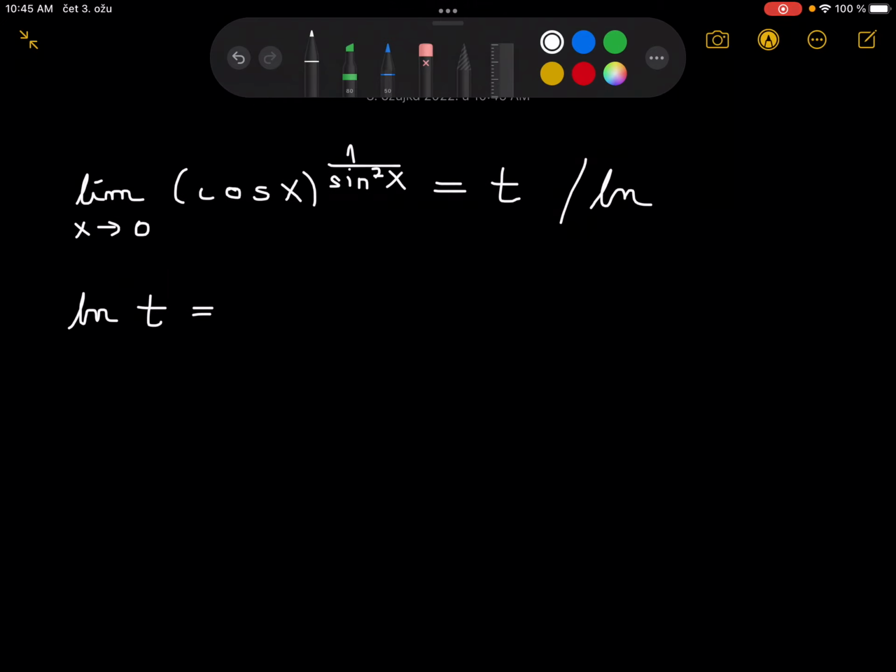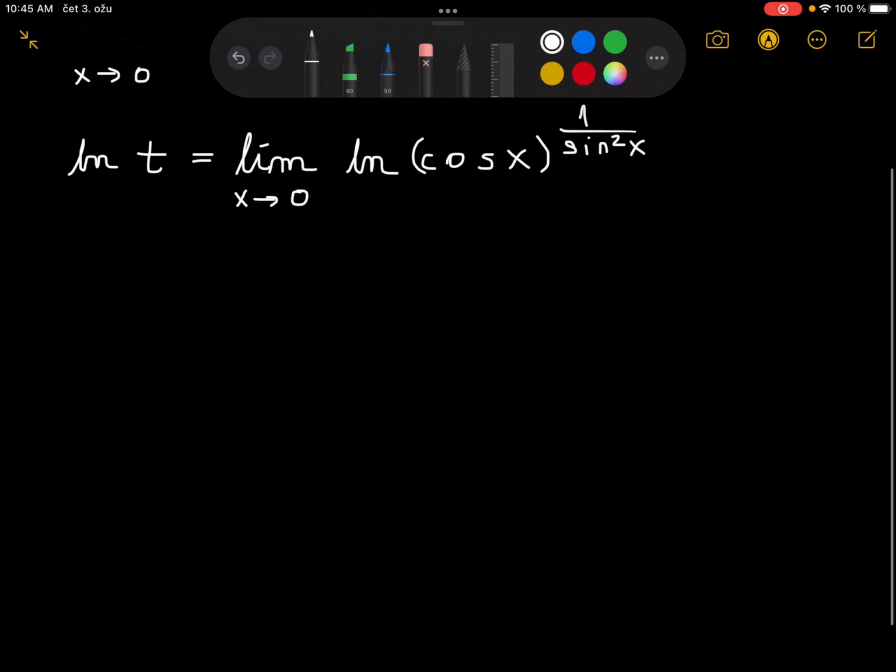And limit and ln can change places, so that will be the same as the limit as x approaches 0 of the natural log of cosine of x to the power of 1 over sine squared of x.